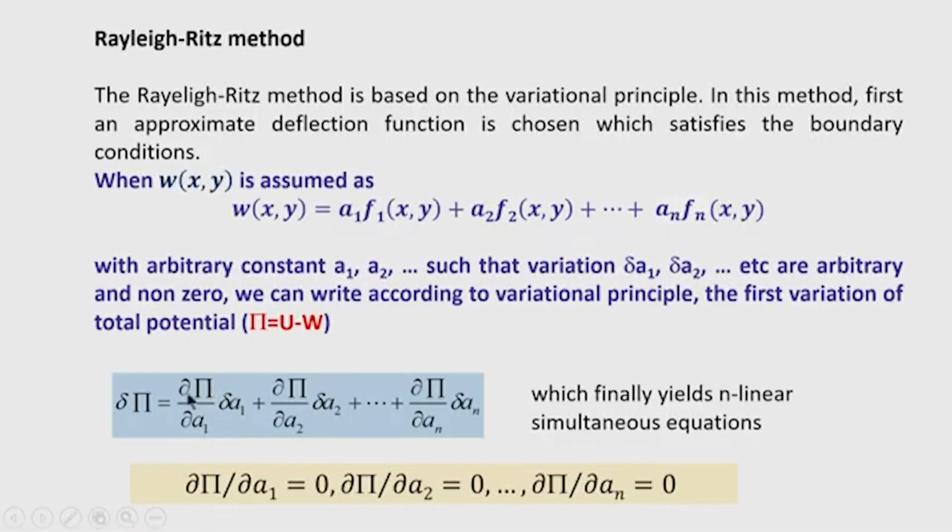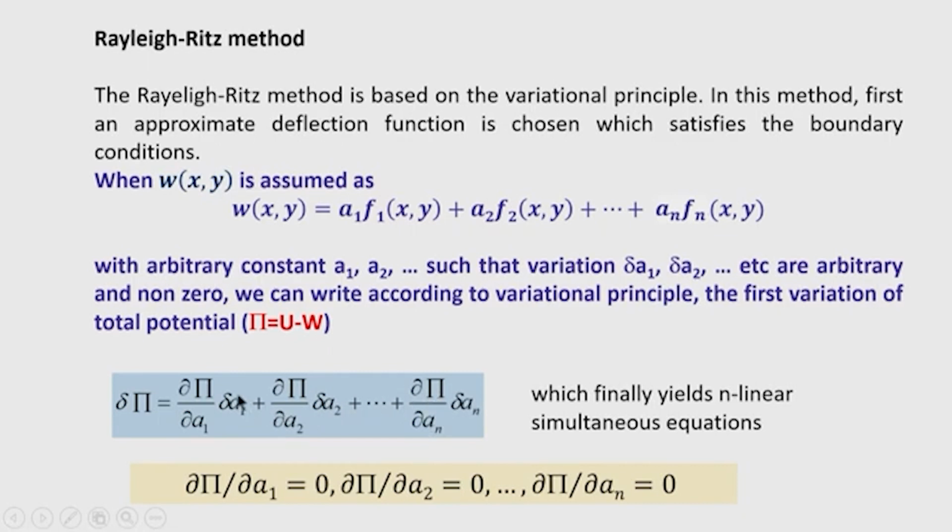So, once the total potential is found, then taking the first variation, we can write an expression in this form: delta pi, the total variation, equals del pi by del A 1 delta A 1 plus del pi by del A 2 delta A 2 plus other terms, and the nth term is del pi by del A n into delta A n.